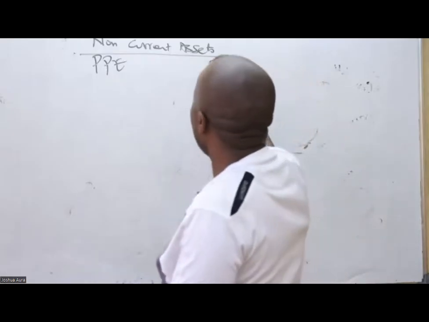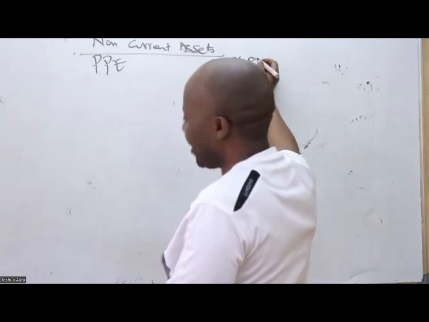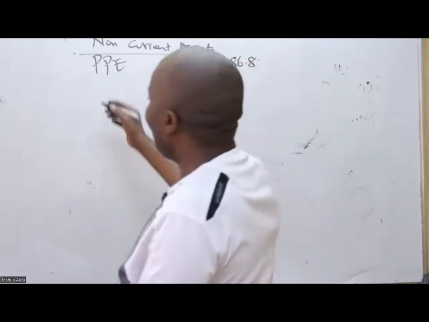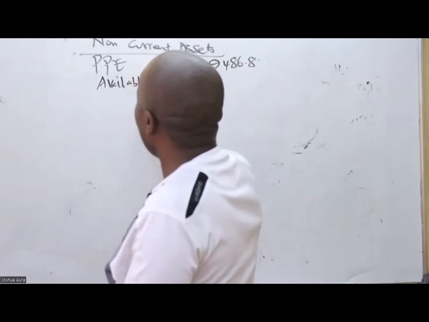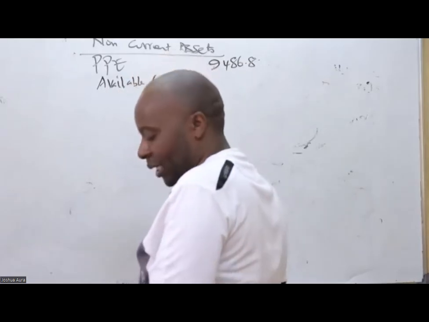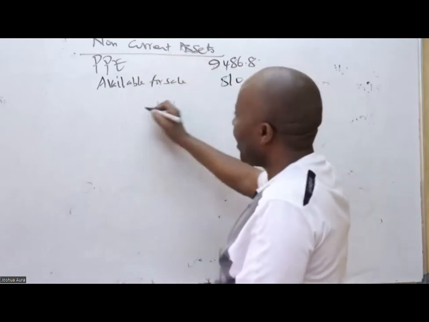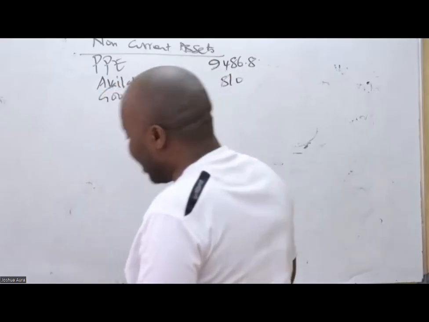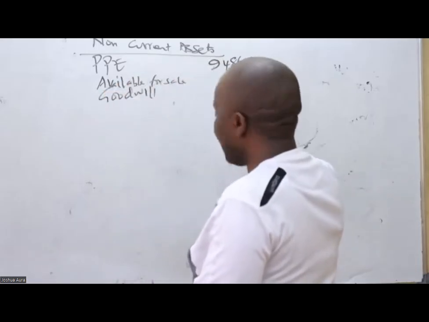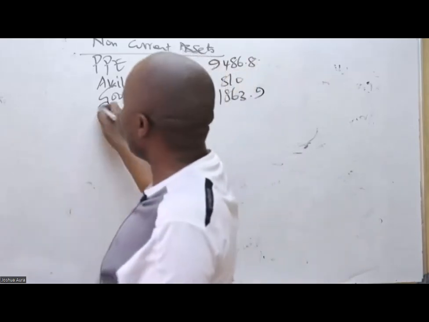We have here 94,86.8. Then we have available for sale asset 810. And then the last one is the goodwill that we have just computed, 1863.9.